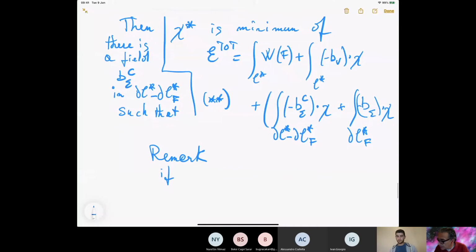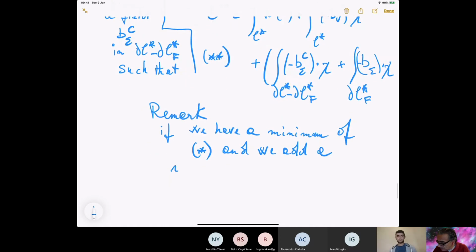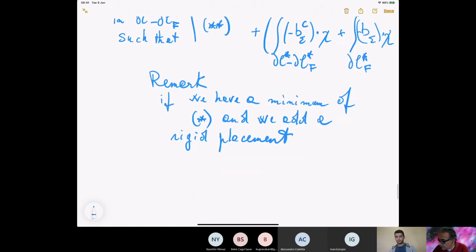If we have a minimum double star of star, and we add a rigid placement, and we call it chi star, and we add a rigid placement, so we write chi star plus chi of x0 plus Q(x minus x0).